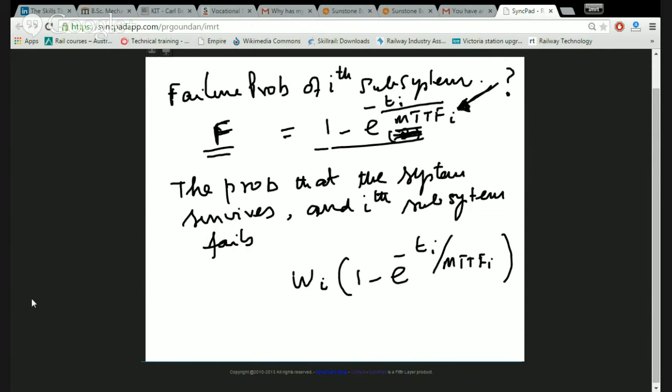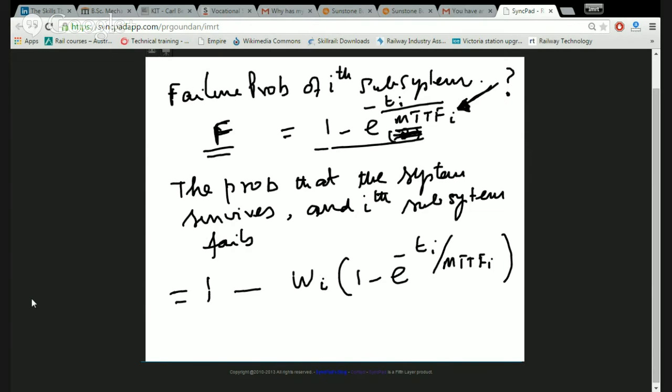Okay. Now, but the question asked here is the probability that the system will survive. So it will be equal to 1 minus that. The probability that the entire big system will survive if the ith subsystem fails is equal to 1 minus Wi, the weighting factor, which is the probability that the system will fail given that subsystem i has failed.